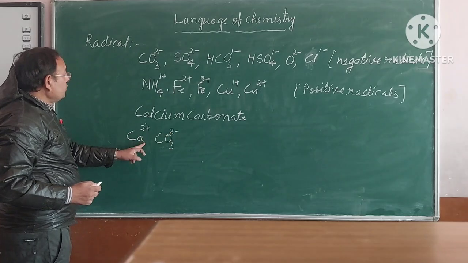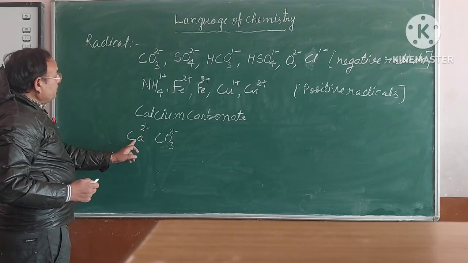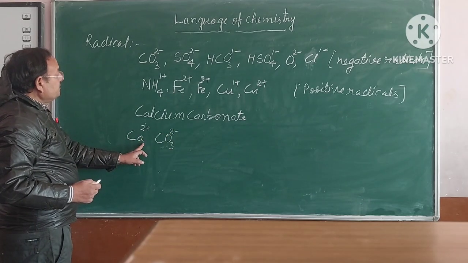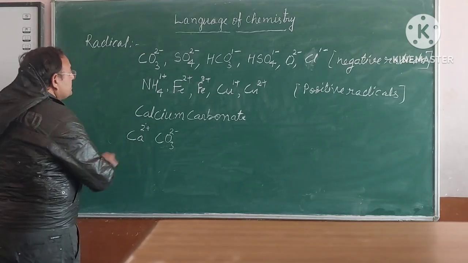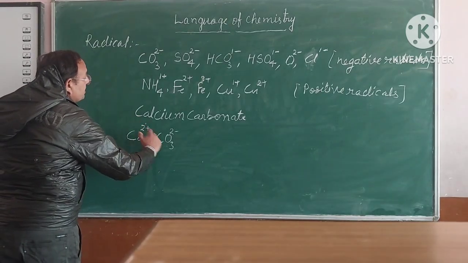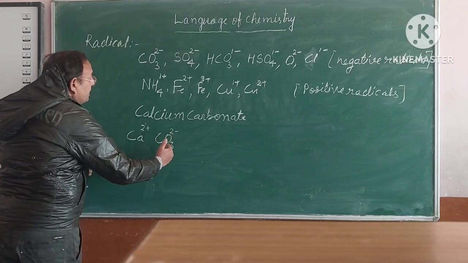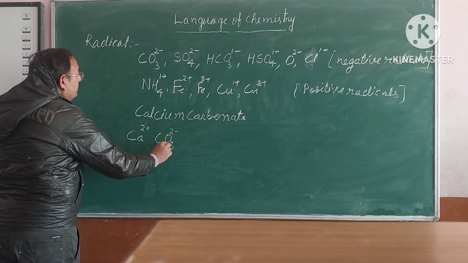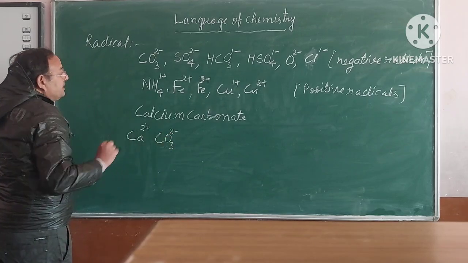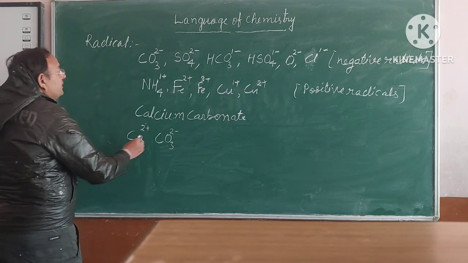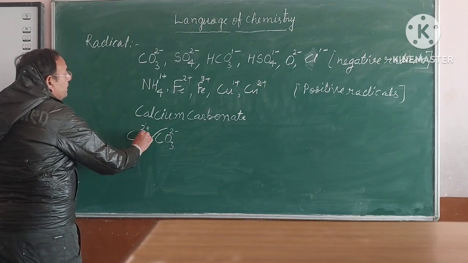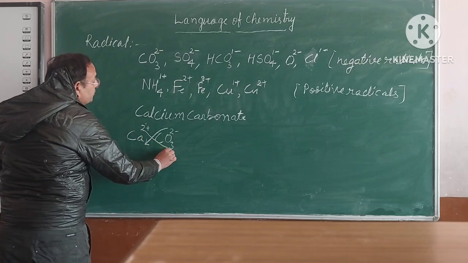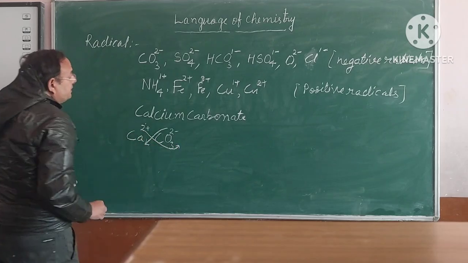This 2 will come below calcium in small case, and this will come to the right side of carbonate in small case. For this we will write like this. This 2 will come here and this will come here.